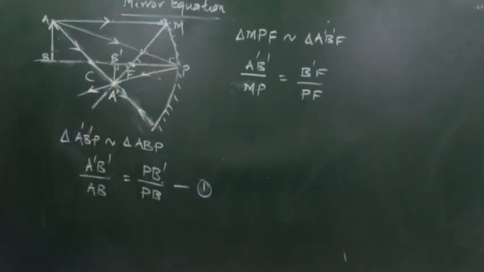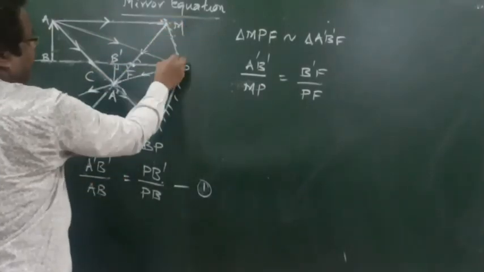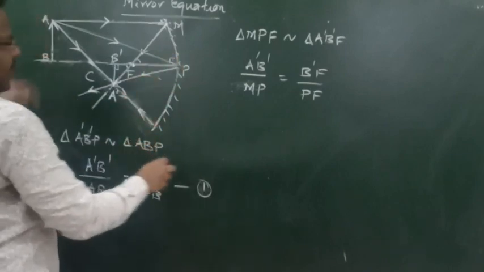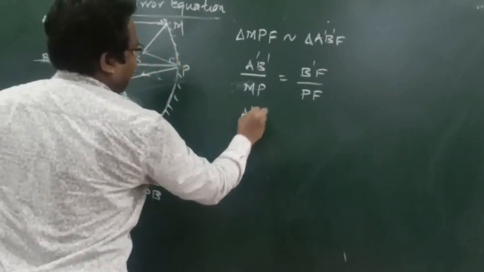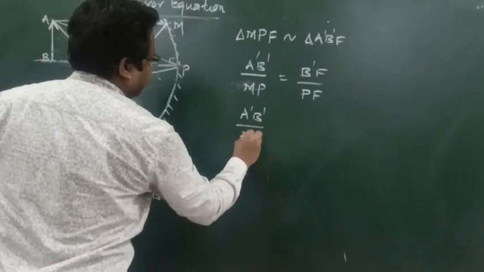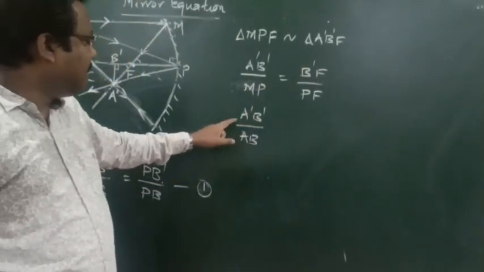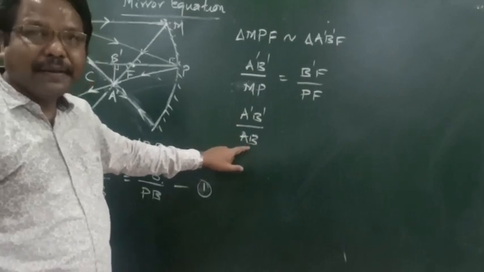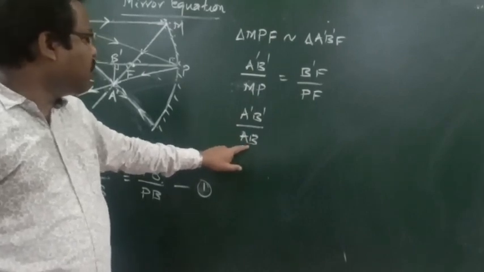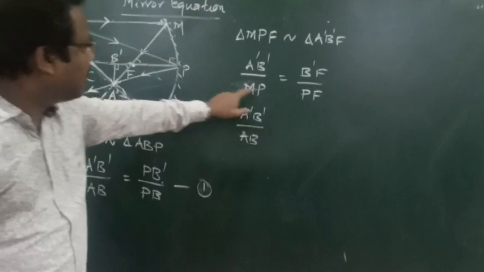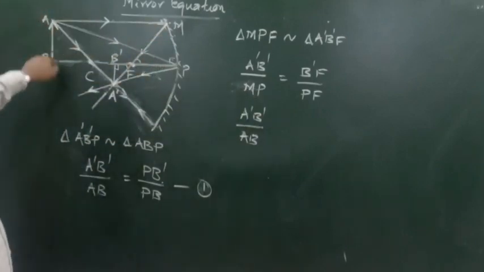Now here, as this MP and AB are equal, I can substitute this MP as AB. Are you getting it there? You may write this MP as AB, the two are equal.